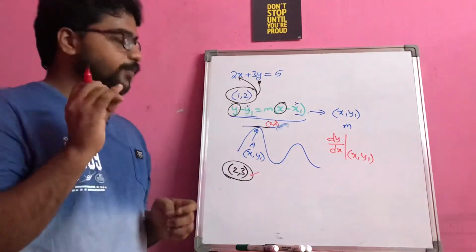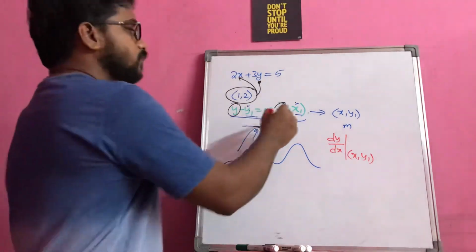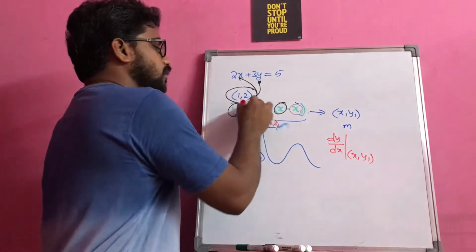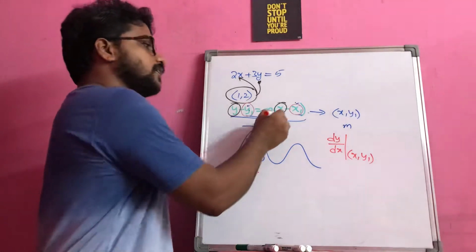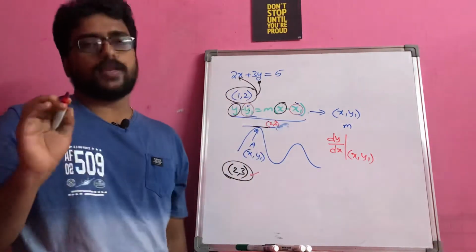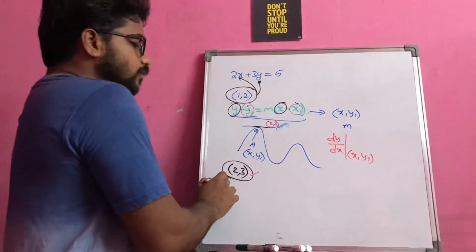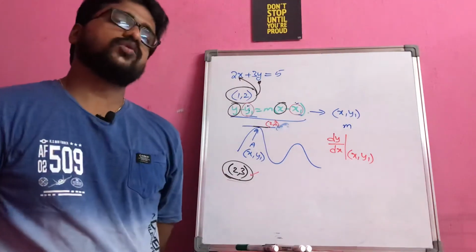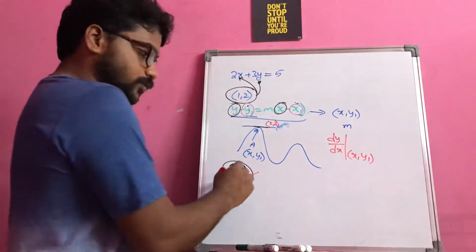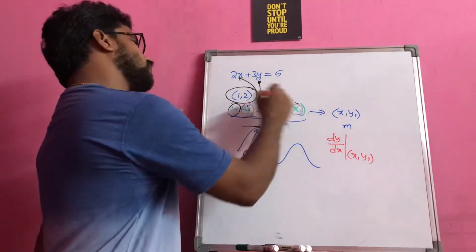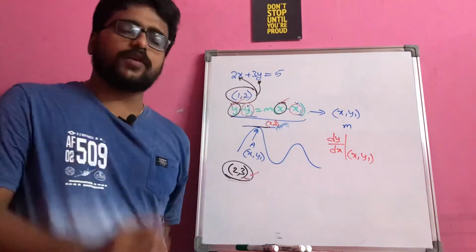Again, a small reminder: x1 and y1 are generally constants, and x and y are the variables. So if you want to check whether this point is passing through that line or not, I have to substitute this (2, 3) in place of x and y, because x and y are variables.